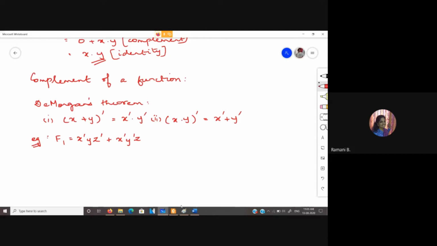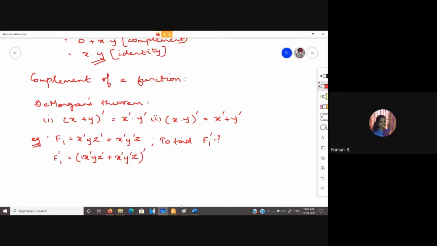So now we are to find f1 bar. Okay, so f1 bar is equal to, so we are going to take complement of this. So x bar y z bar plus x bar y bar z, the whole complement.